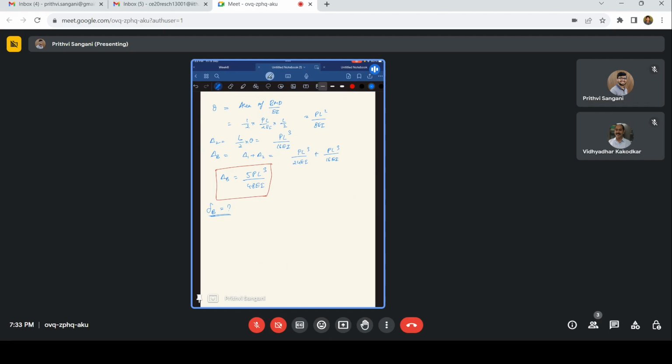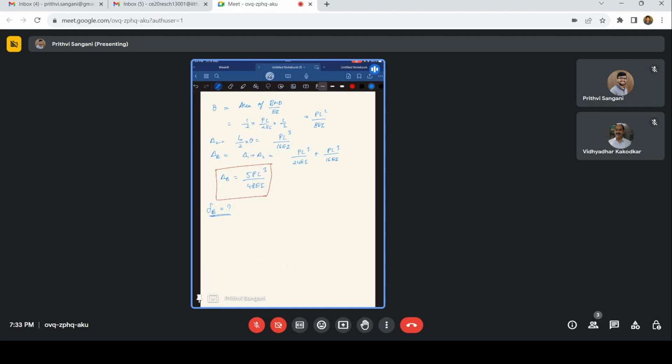This is found to be 9477 by EI, with a minus sign. What does the minus sign mean? We assumed the unit load upwards as positive, but the displacements are going to be downwards.